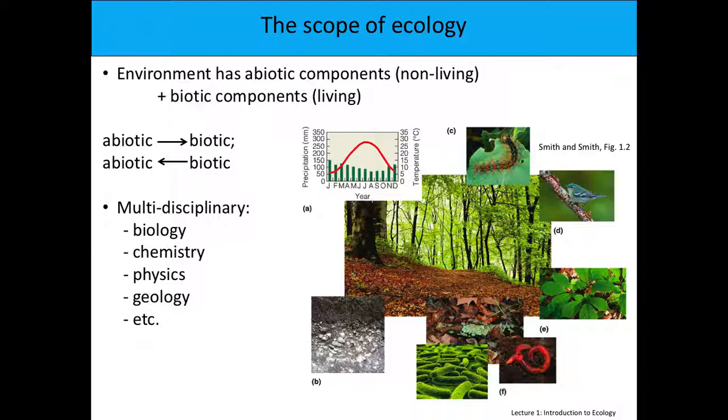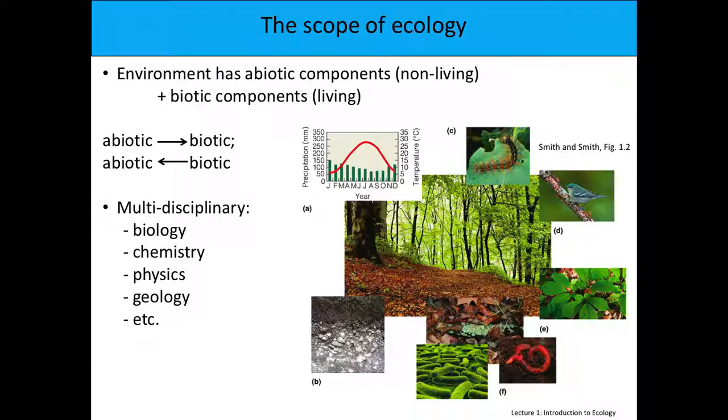Similarly, if we have a big biomass of photosynthetic organisms there, that can change the oxygen availability. We think of ourselves in an aquatic environment. It can change the actual temperature. We can get microhabitats and microclimates determined by the biotic component.